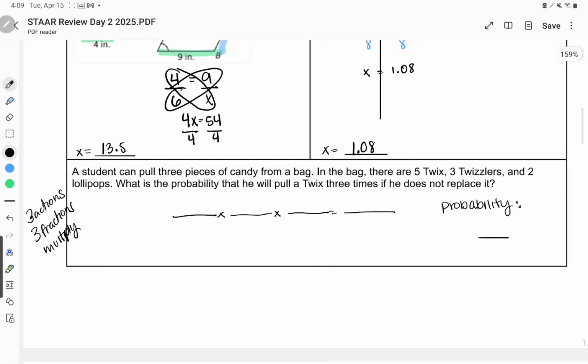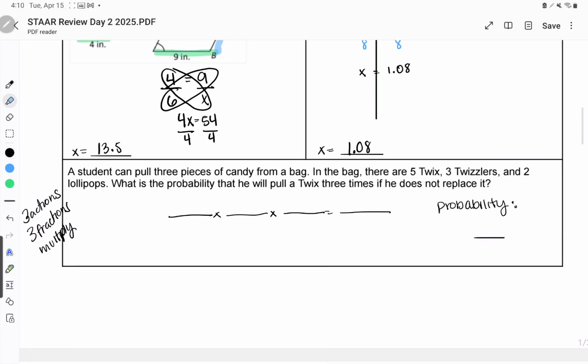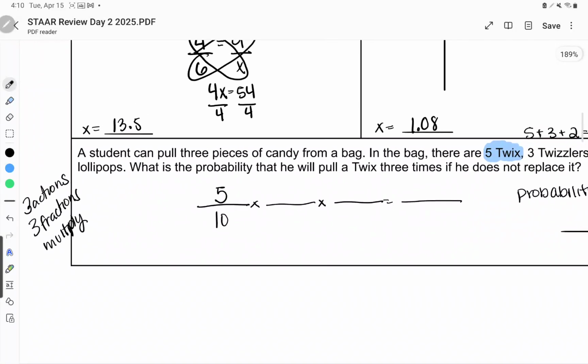Now, first, let's talk about the probability of him pulling a Twix the first time. How many Twix does he have total? 5. How many total pieces of candy does he have? Well, he has 5 plus 3 plus 2, which means we have 10 total pieces of candy. Now, he pulls out a Twix and he does not replace it.